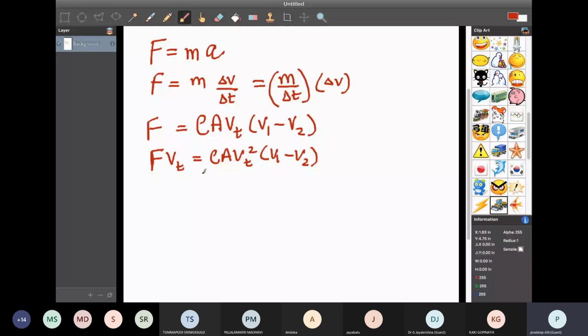So this is work done. See, what is force into velocity? That is work done per time, that is power actually. So force into velocity is power. Therefore this is also equal to Pm.